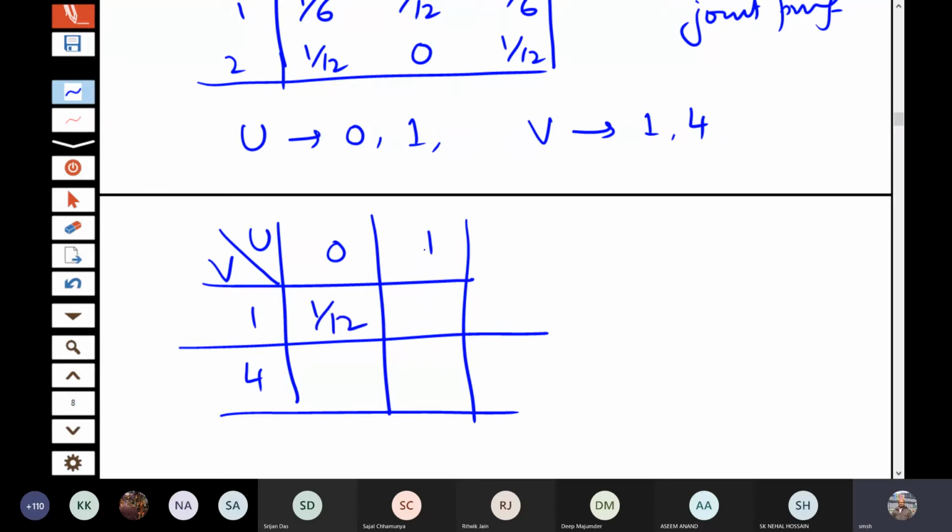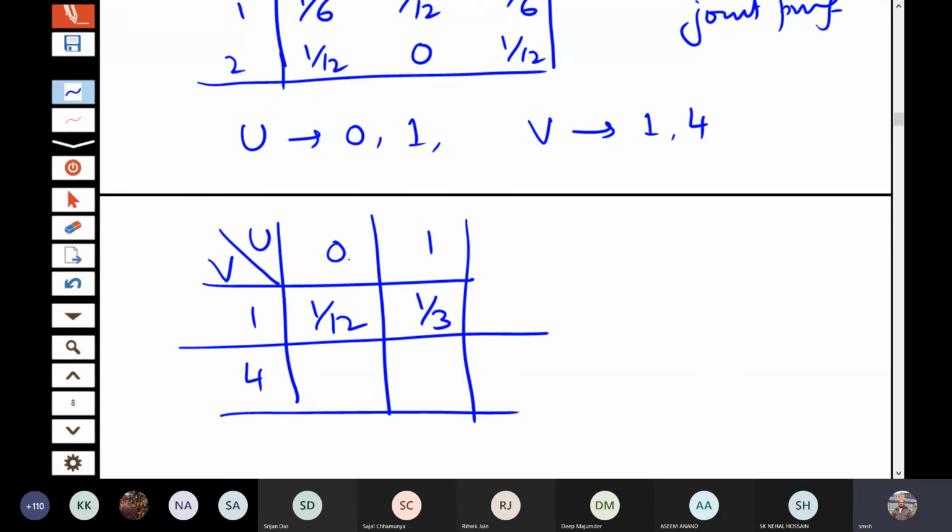Similarly, what is the probability that U is equal to 1, V is equal to 1? That is X equal to -1 and Y equal to 1, plus X equal to +1 and Y equal to +1. Summing, that is 1 by 6 plus 1 by 6, so that becomes 1 by 3.